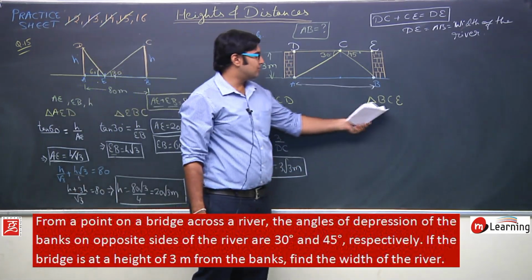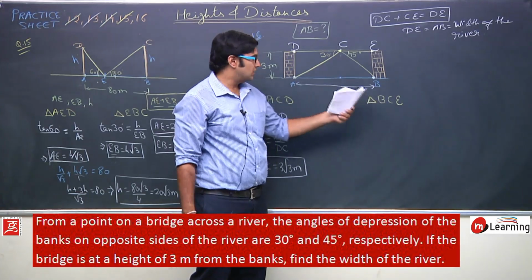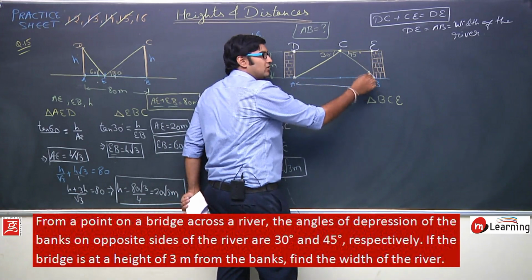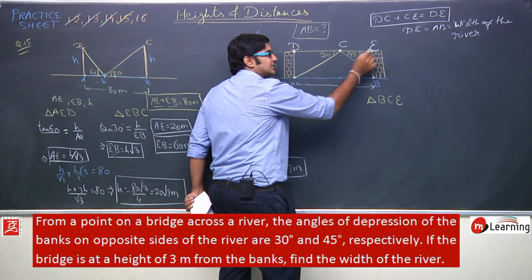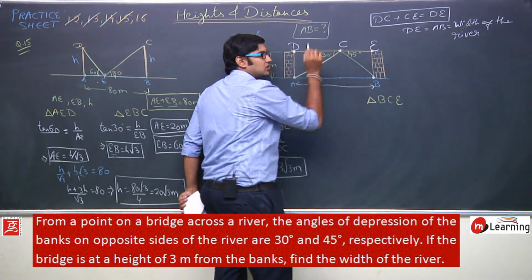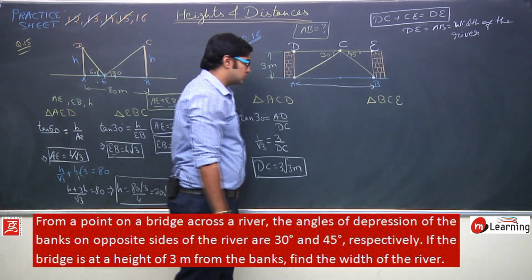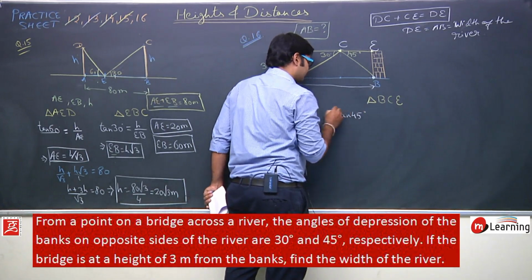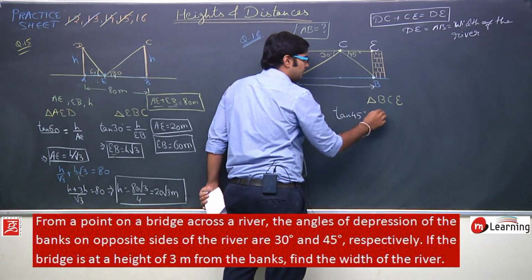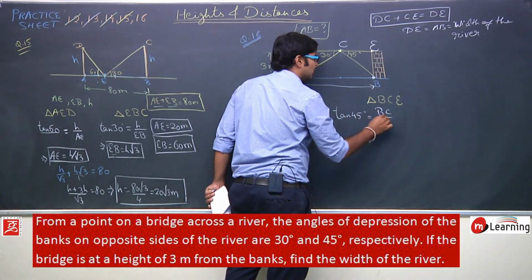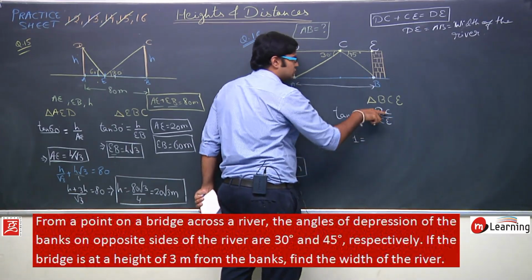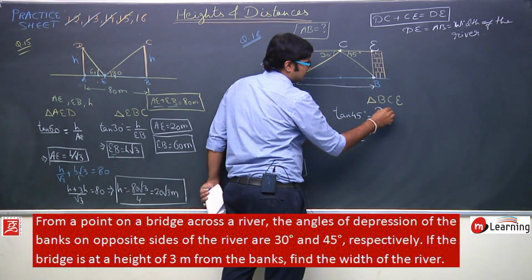Now let us observe this triangle BCE. In triangle BCE, this BE is the perpendicular with respect to this angle and this CE is the base with respect to this 45 degree angle. So again I can apply tan 45 degrees, which is equal to BE upon CE. Tan 45 degrees is 1, which is equal to BE upon CE.